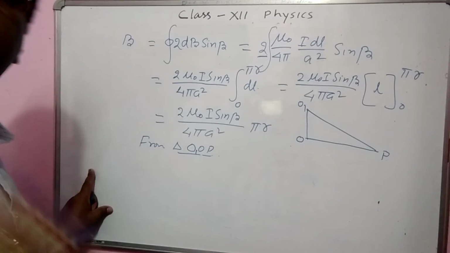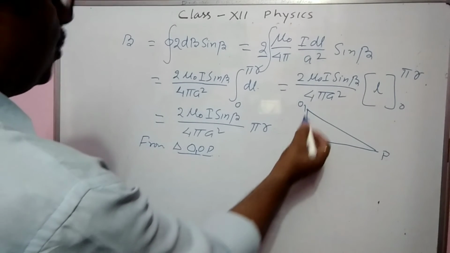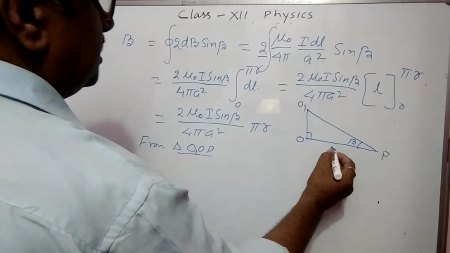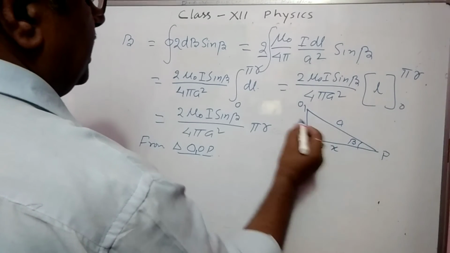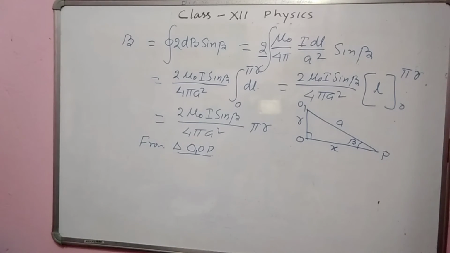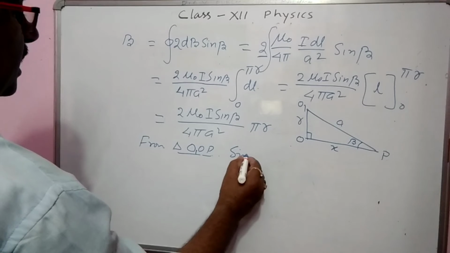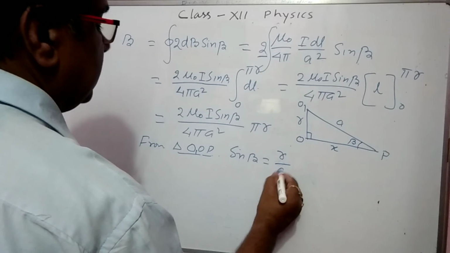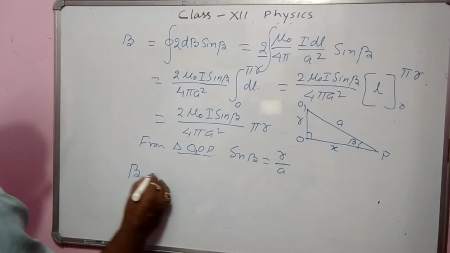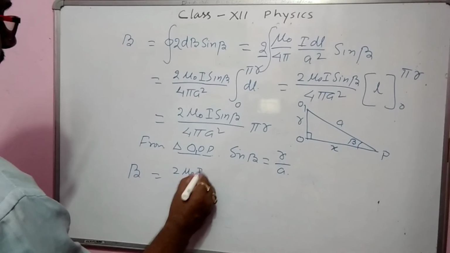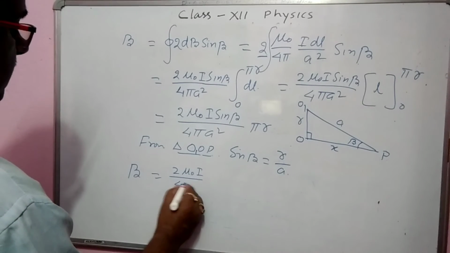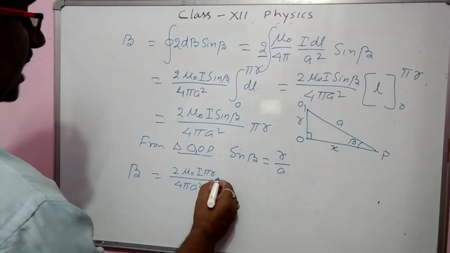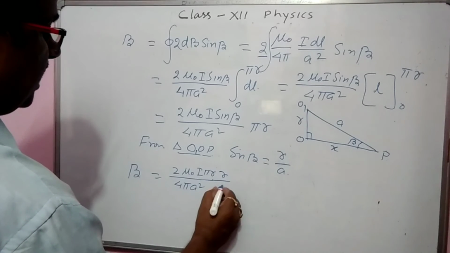Therefore, from triangle O1OP, which is a right angle triangle, this was beta, this was x, a and r. From this we can write sine beta is equal to r by a. Therefore B is equal to 2 mu naught I by 4 pi a square into pi r, and sine beta has the value r by a.